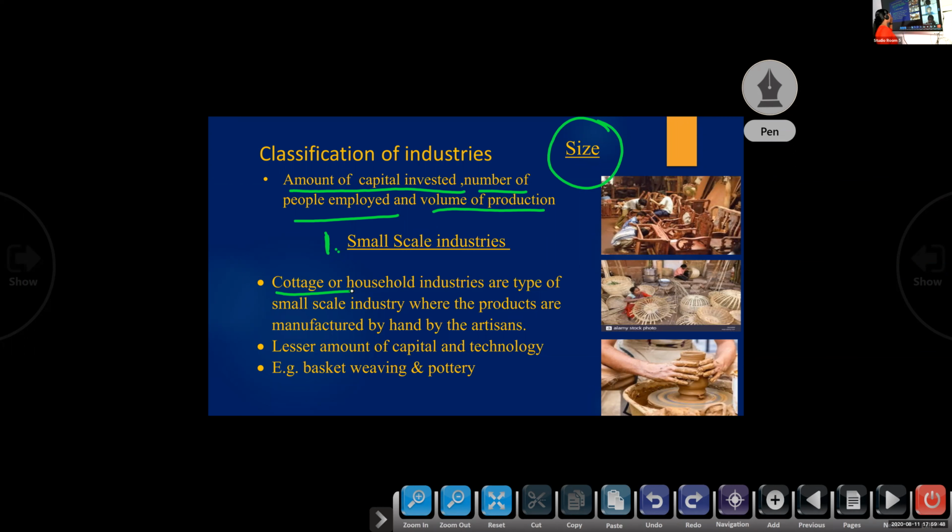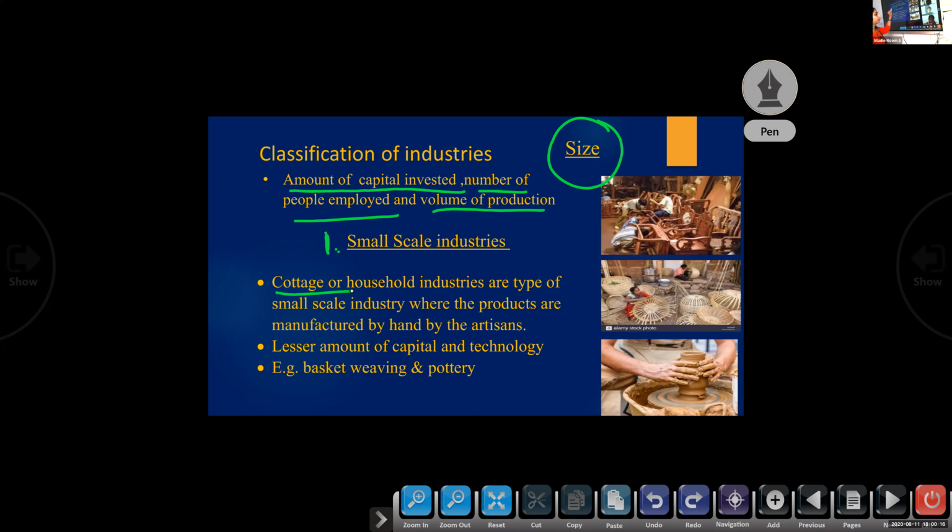Cottage industry operates from home, not from any factory. They are not using any machines or heavy tools. They use very simple tools for manufacturing products.